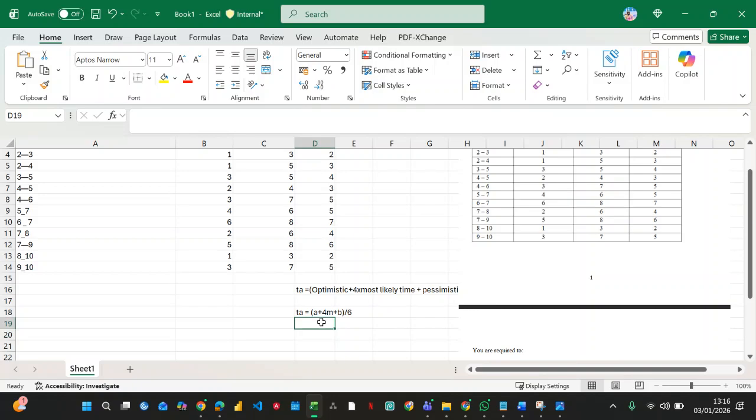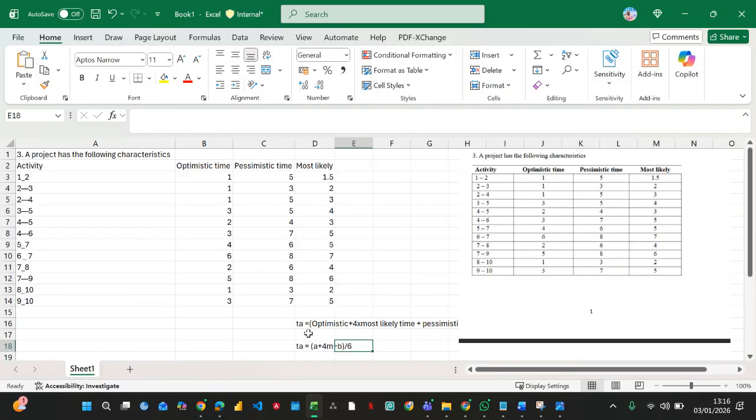The A represents your optimistic time, and the M represents the most likely time, the more realistic estimate of the time the activity will be completed. The B is the pessimistic time, basically the worst case scenario that could happen in that project.